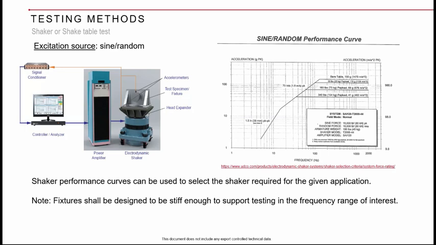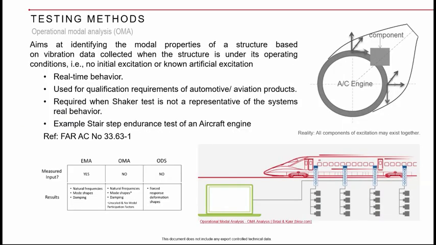All of that may not be possible to accommodate within the shaker. You may try to get the actual aircraft representation or actual setup by having fixtures. Through fixtures, you can still try to get that, but it is not always possible to achieve that. So that is where you see the actual test can be achieved only through operational modal analysis or operational testing.